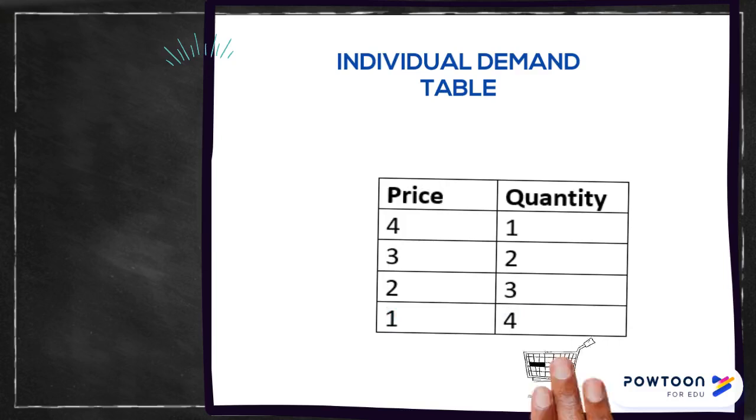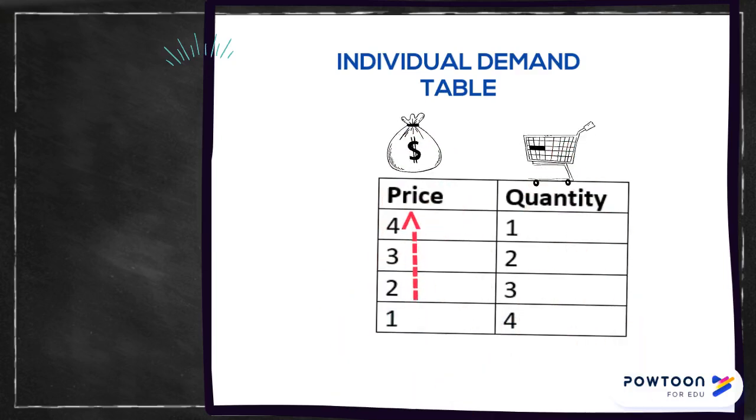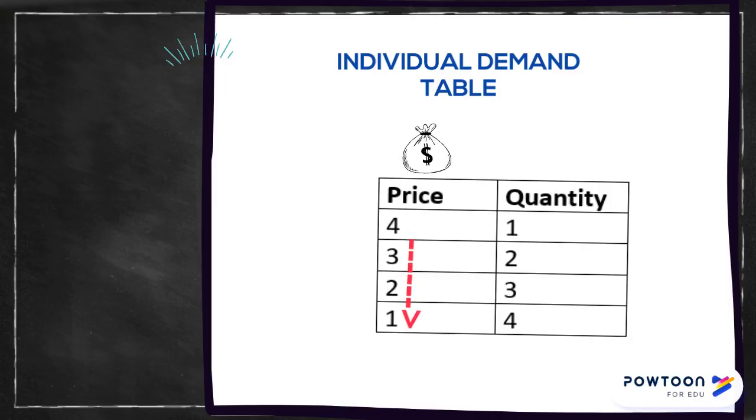This implies that the higher the price of a particular commodity, the lesser the quantity of that commodity. And the lower the price of a particular commodity, the higher the quantity of that particular commodity.